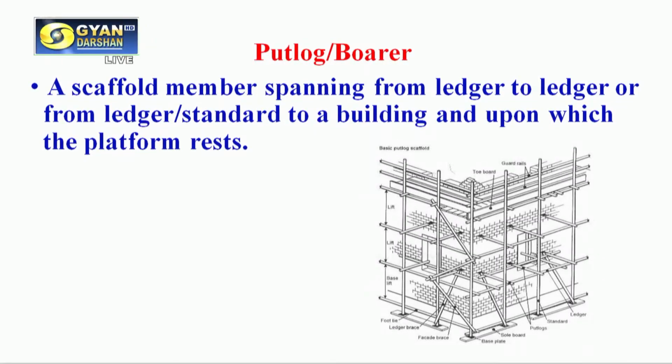Let us see that putlock or borer. What is a putlock? A scaffold member spanning from ledger to ledger or from ledger to standard to a building and upon which the platform rests. It means when you see that a wall is being constructed, while constructing these walls, we leave some openings in the walls.